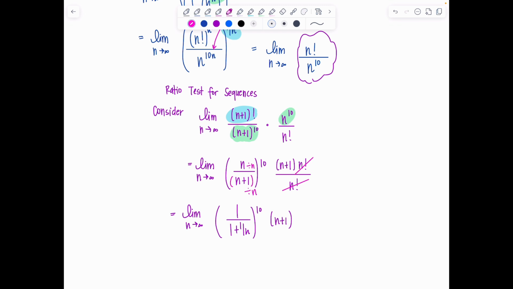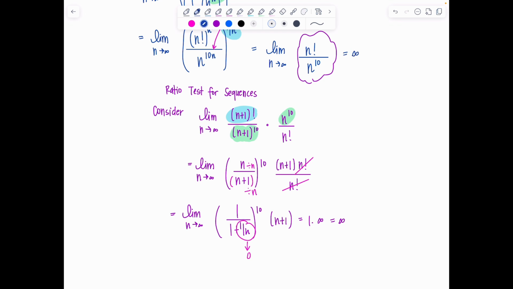So if n goes to infinity, this 1 over n is going to 0. This is just 1 now to the 10th, so that's 1, times n's going to infinity, so this is going to infinity. So this is 1 times infinity, which is approaching infinity. What does that tell me then? That this limit now, the limit of n factorial over n to the 10th, is infinity.